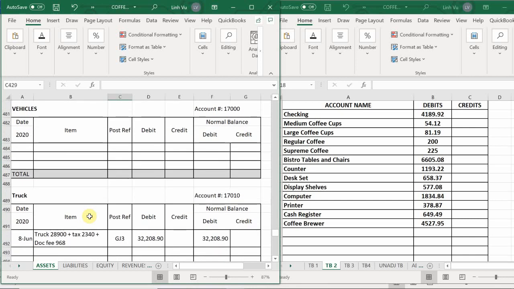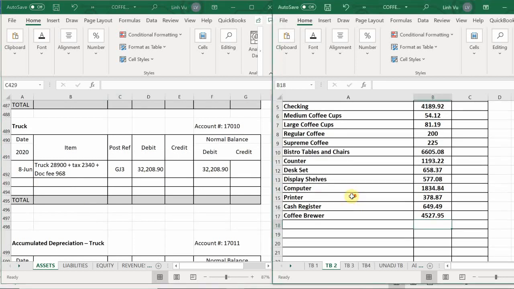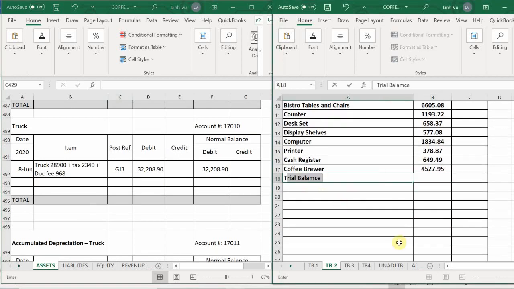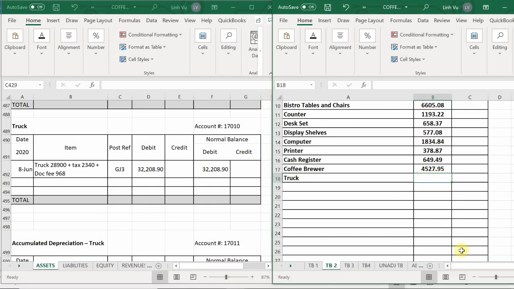Vehicles. Yes, we bought a truck. How much is the truck worth? Gonna put the down payment, right?